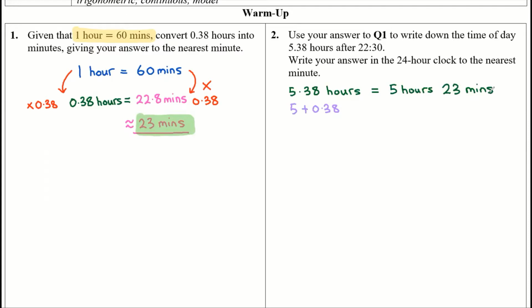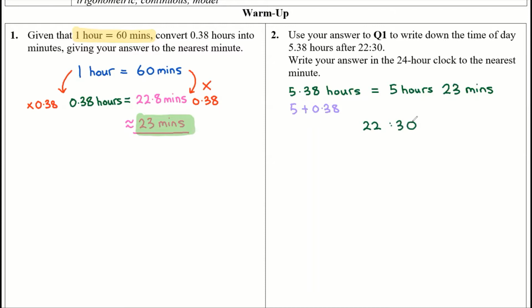And we have to add this time on to 22:30. Well, if you add 5 hours to 22, then obviously that's going to be 27, but we don't have 27. So this is going to take us to 3 in the morning, isn't it? So it's 3 a.m. And then if we add the 23 minutes to the 30, in fact, I'll just write it down and then we'll convert it into the 24-hour clock in a moment.